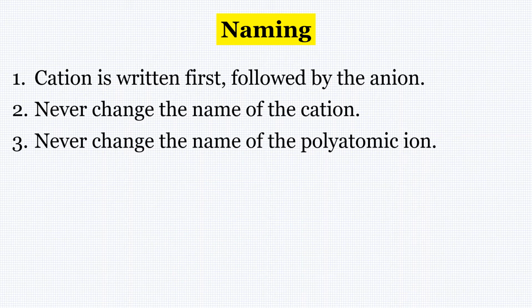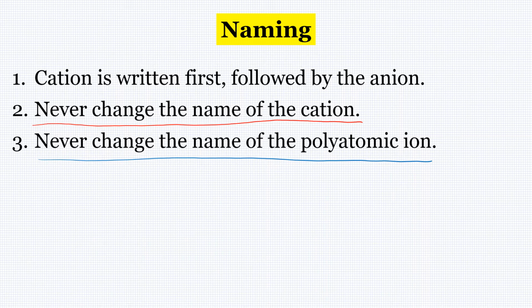All right, now when we do the naming is super easy because we never change the name of the cation and we never change the name of the polyatomic. So let's look at a couple of examples.